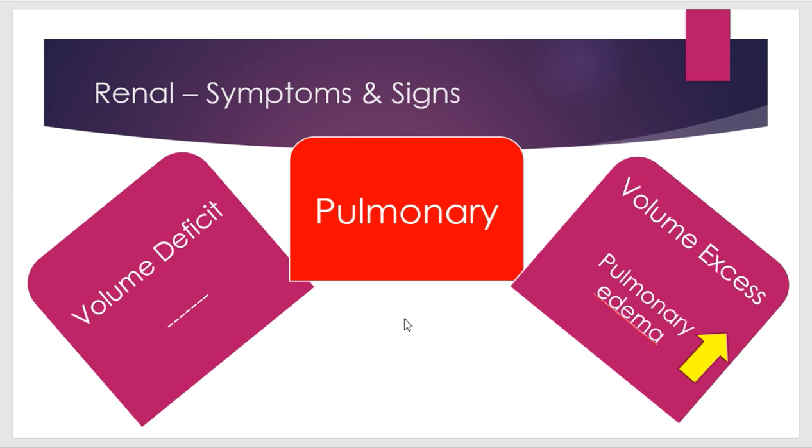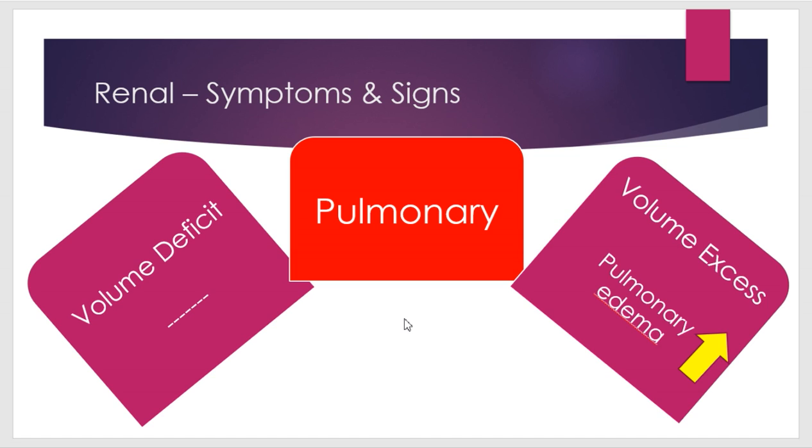In the pulmonary system, whenever volume excess is there, the patient usually presents with pulmonary edema, and sometimes all the features of congestive heart failure secondary to this pulmonary edema. In volume deficit, there are no specific signs and symptoms related to the pulmonary system.